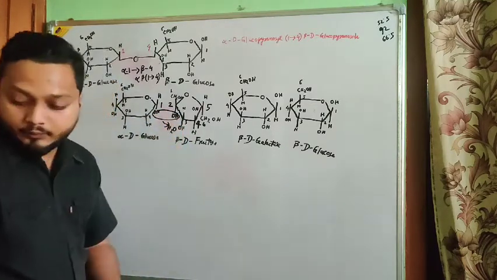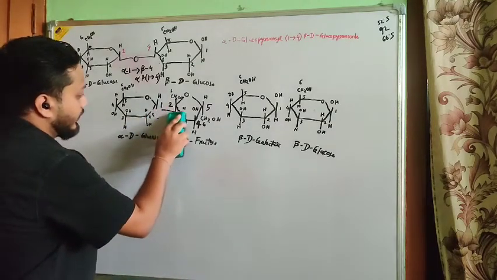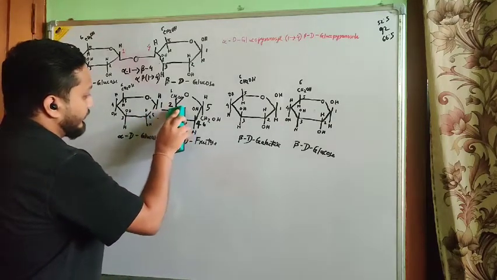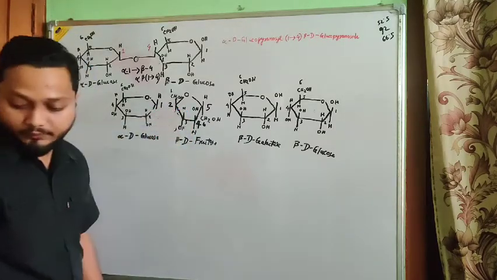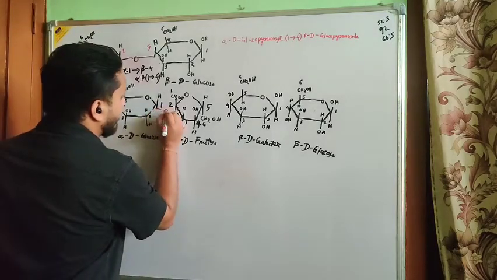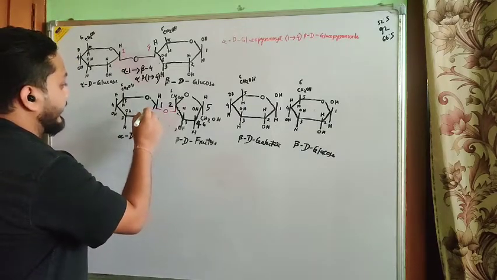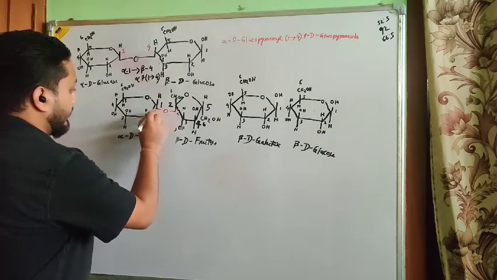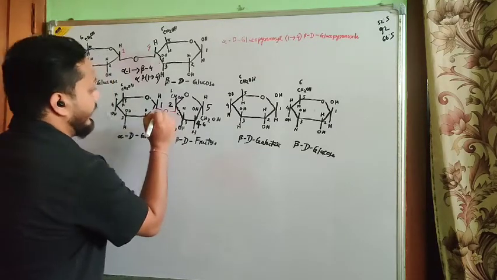It will be like that. The modified structure, let me complete. The modified structure will be like this one. Now for alpha D glucose, this is carbon number 1, therefore alpha 1.